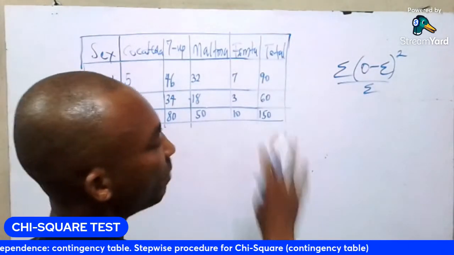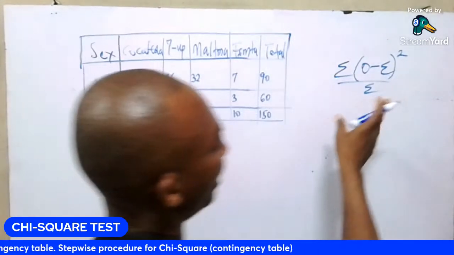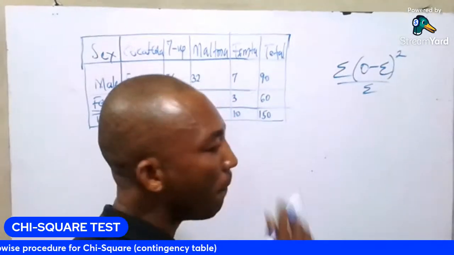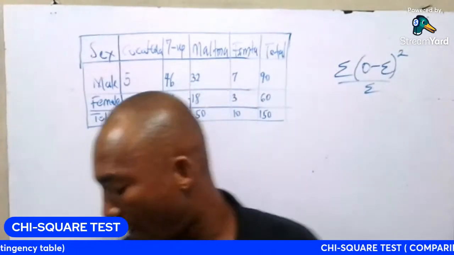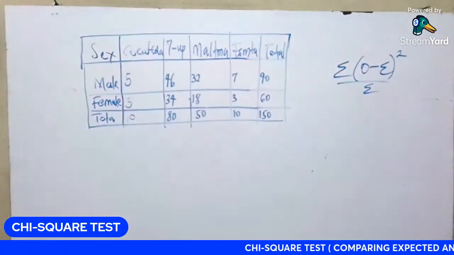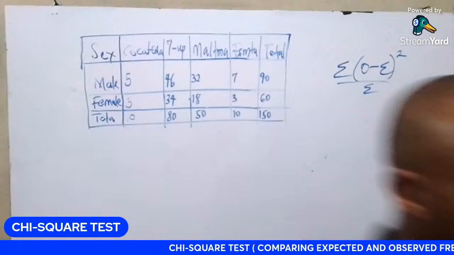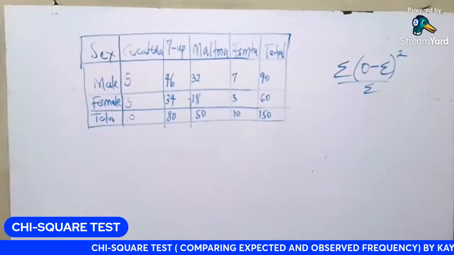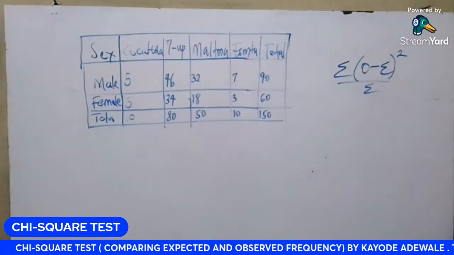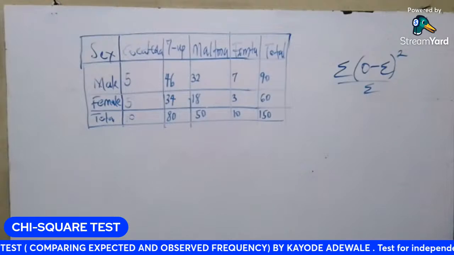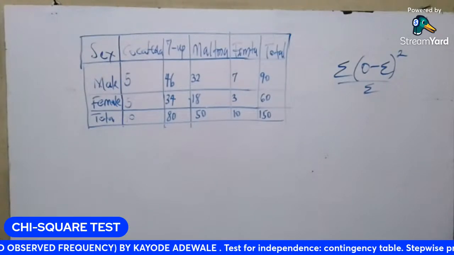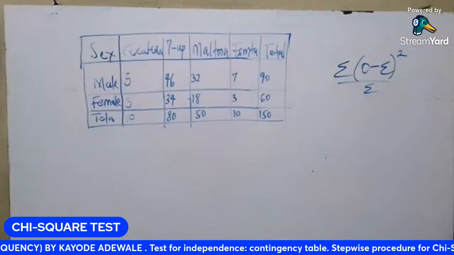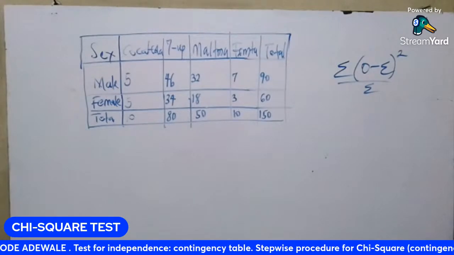I want to quickly explain this formula one by one, so that you will see that all the elements inside the formula are well defined. I want us to pay attention to the screen as I define these one after the other. And I'll also talk about the procedure to follow when you are doing this.